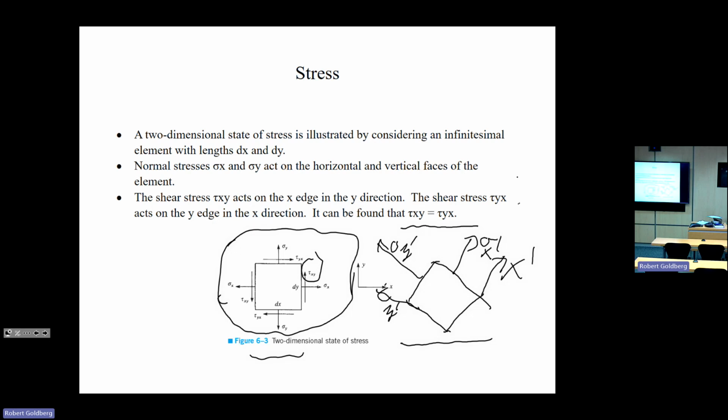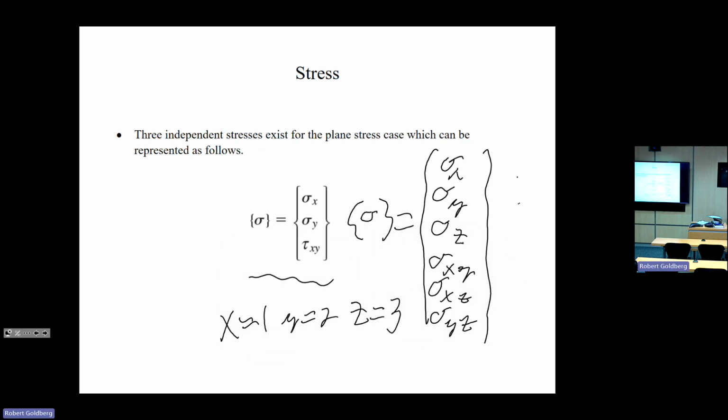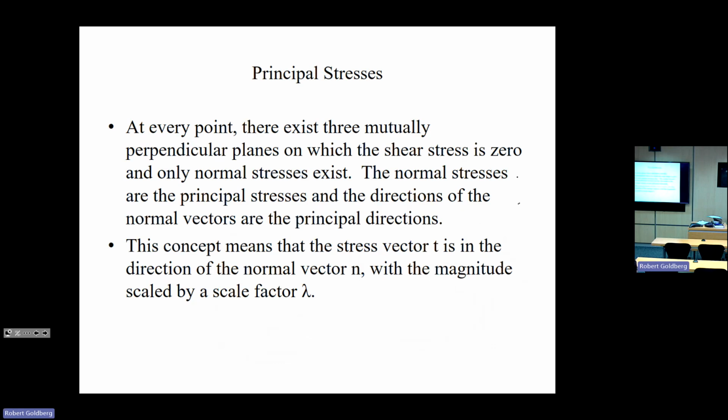So we're just choosing to rotate our coordinate axes so we have a frame of reference in which all we have is normal stresses and no shear stresses. So the load is the same. We're changing the coordinate axes, which means the way we describe the stresses that refer to that load is different.